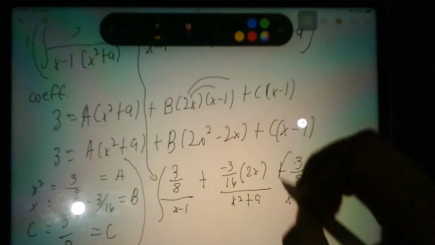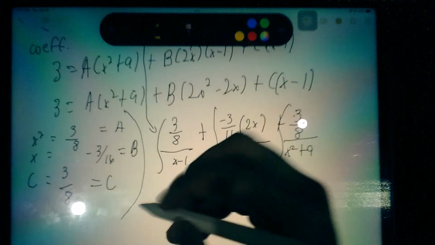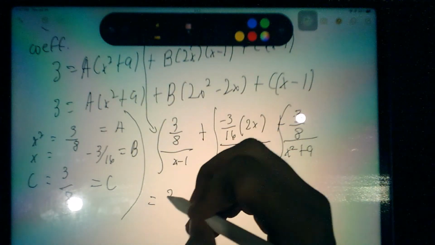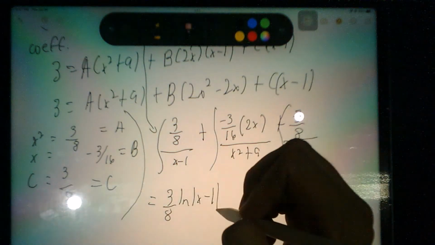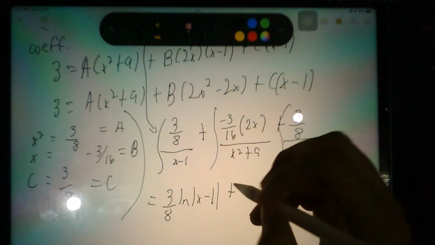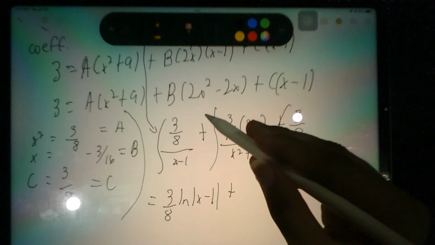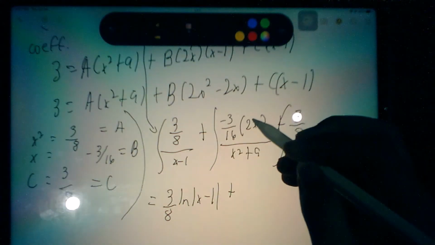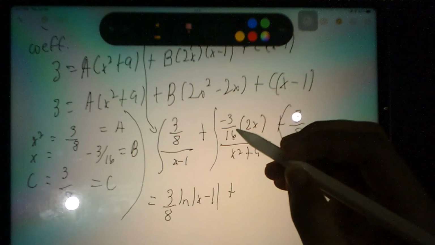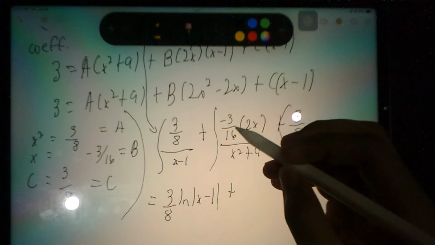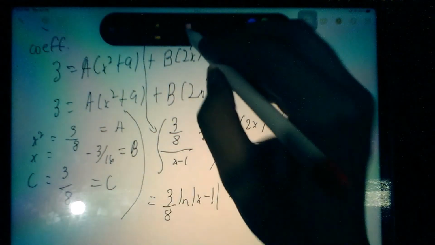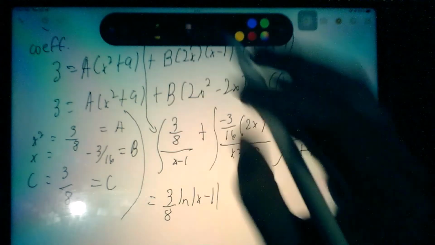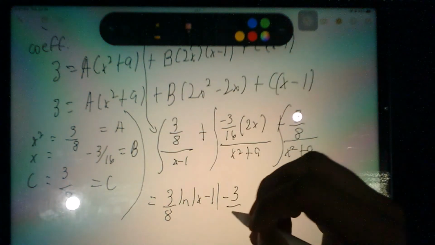Now by integrating each of them, our answer will be equals to 3/8 ln of x minus 1 plus negative 3 over 16.